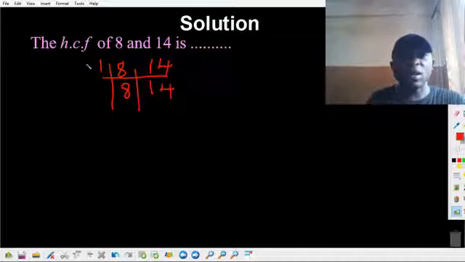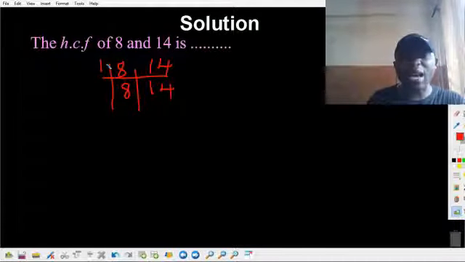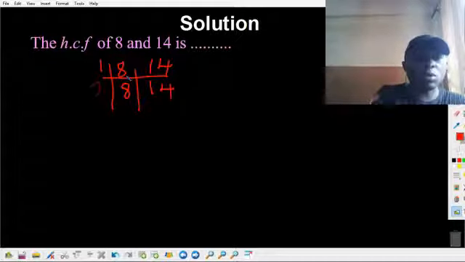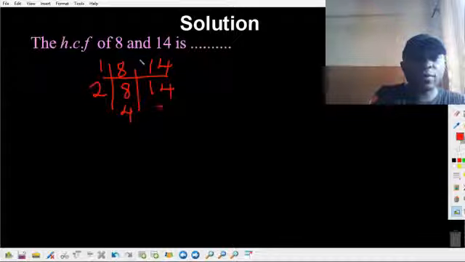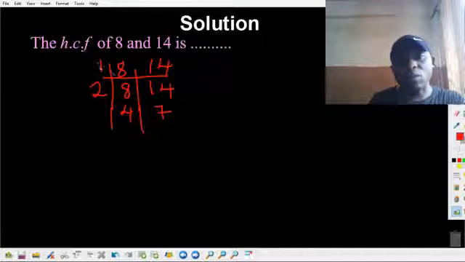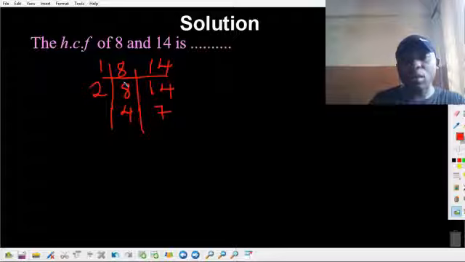Now let's think of a factor that can go in these two numbers at the same time without remainder. We can start with 2. 2 can go in it. Here we have 4. Here we have 7. Now over here we have 4 and 7. We don't have any factor that can divide them at the same time.